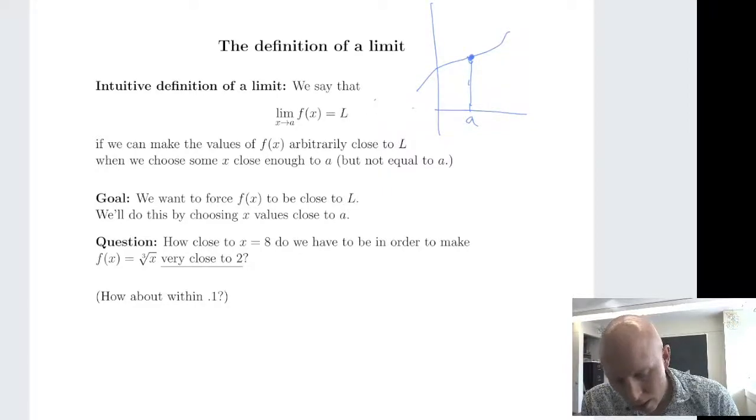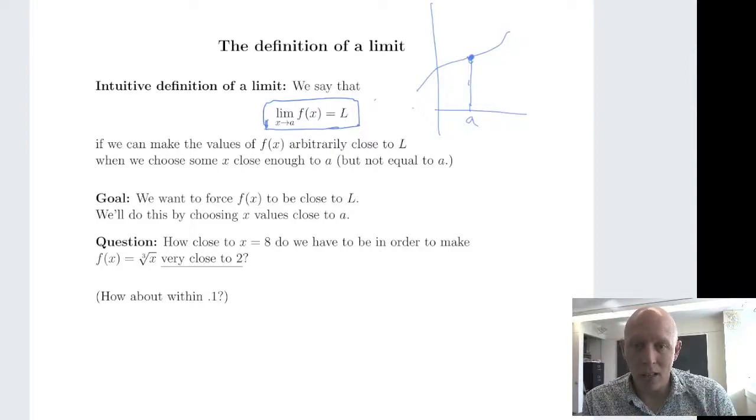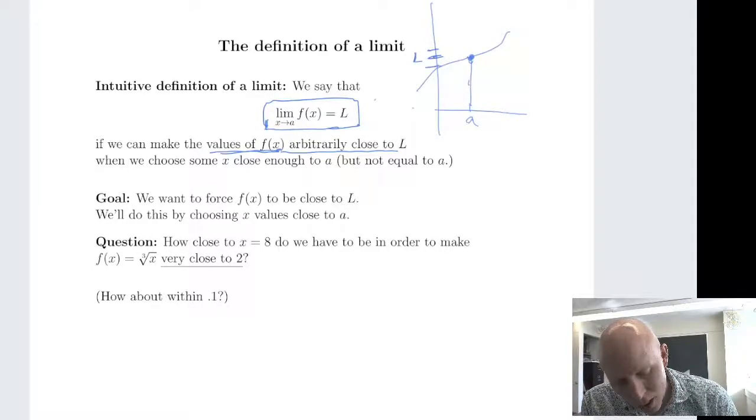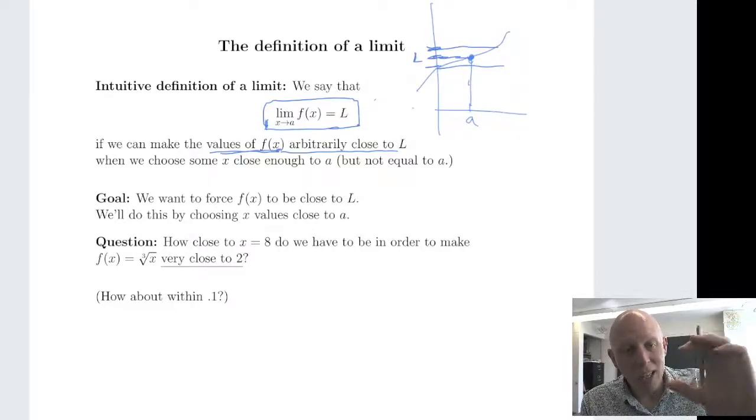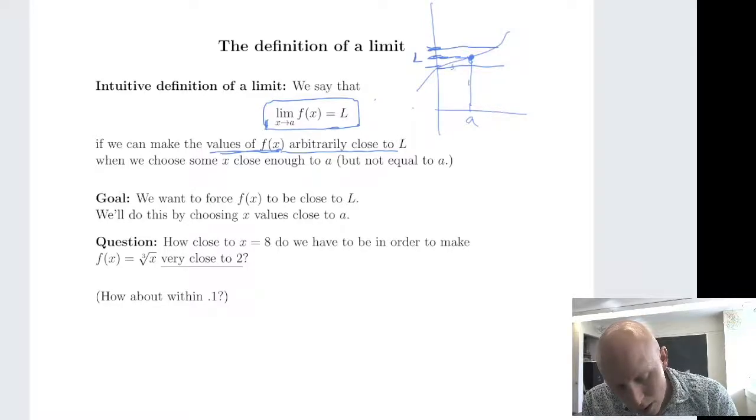So we'd like to say the limit as x approaches a of f of x is equal to L. We'd like to say this limit of the function as x approaches a is equal to L if we can make the values of f of x arbitrarily close to L. So if we're here at L, we can ensure that the function values are within a certain distance from L whenever we choose x values that are within a certain distance from A.